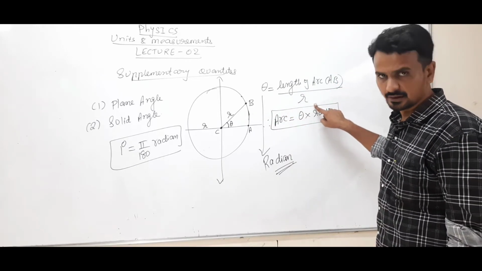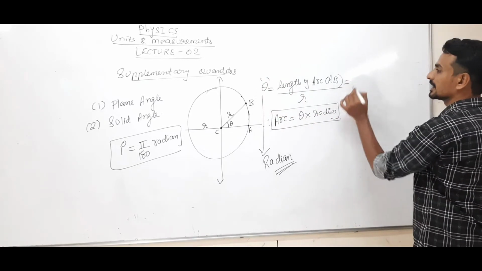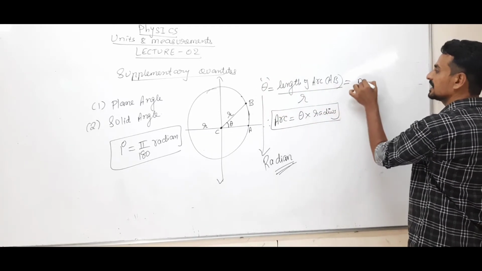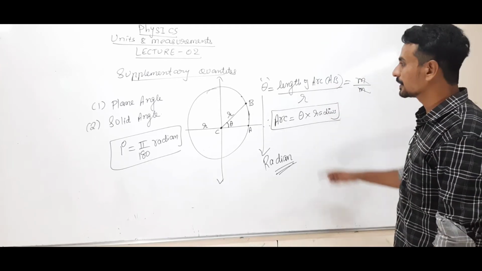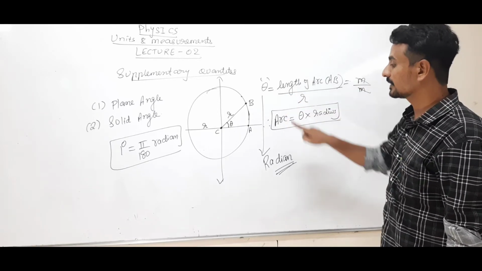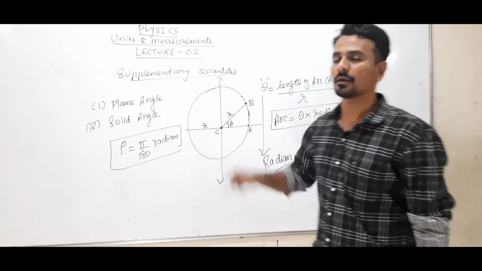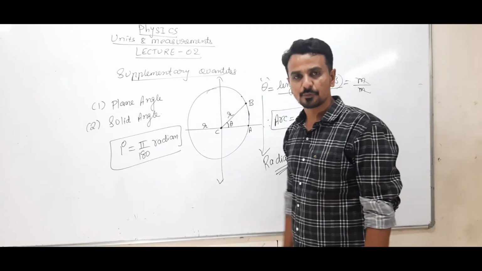If you try to derive the unit of theta, you won't get one. Length of arc is in meter, and radius is also in meter, so the units get cancelled, but we still say that the unit of theta is radian. That is why they are included in supplementary quantities.